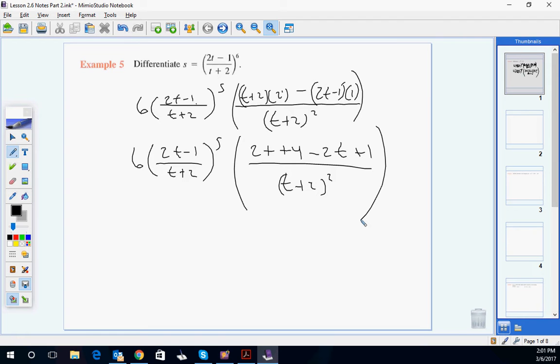Okay, and all we can do here, the 2 t's cancel, which is kind of nice. I have 4 plus 1 is 5. So I have 6 times 2t minus 1, t plus 2 to the 5th, 5 over.